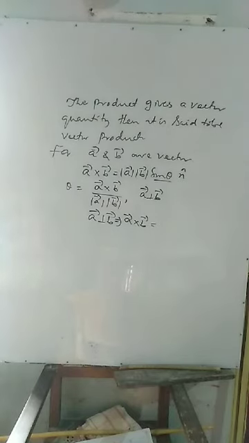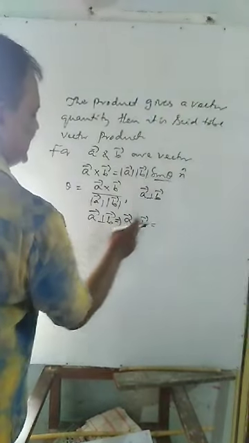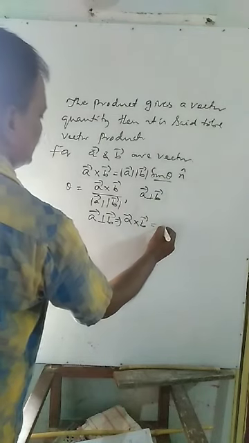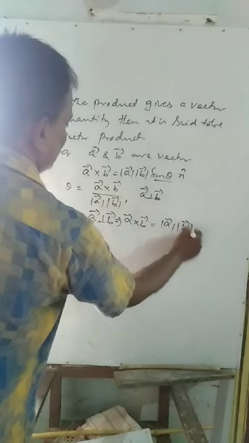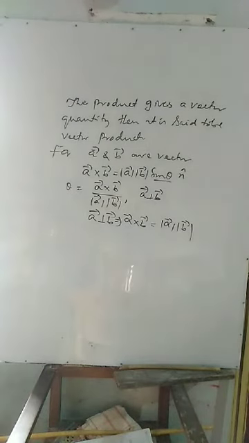Then A cross B equals A magnitude into B magnitude.